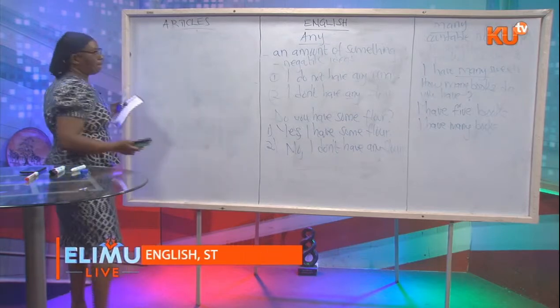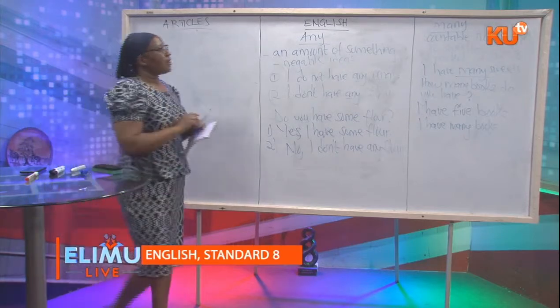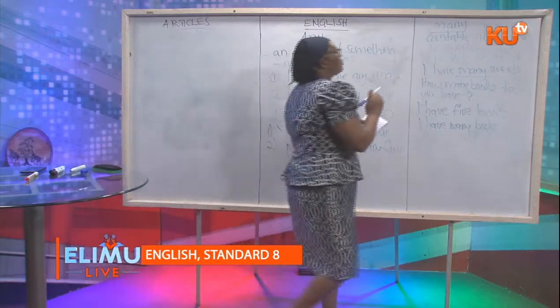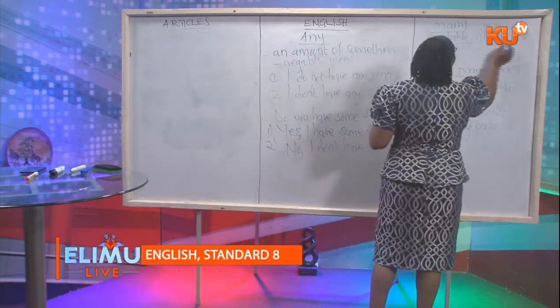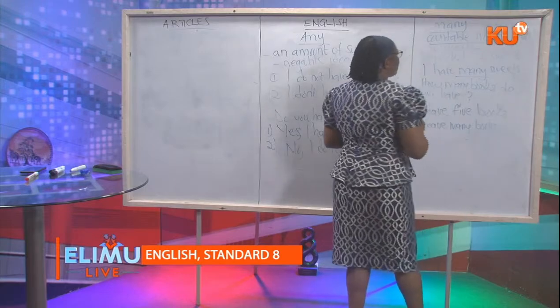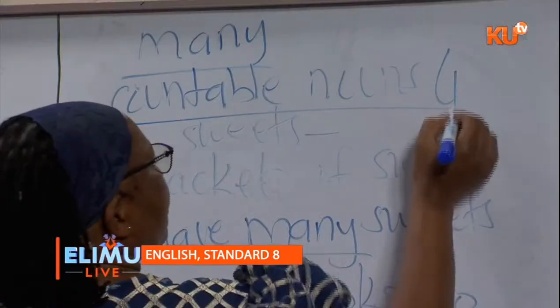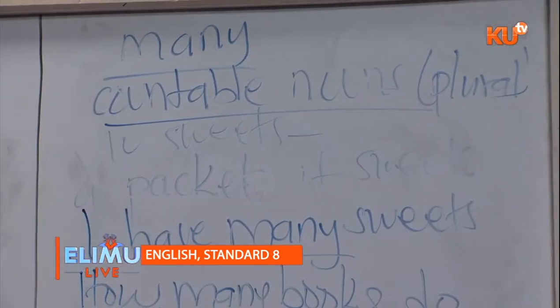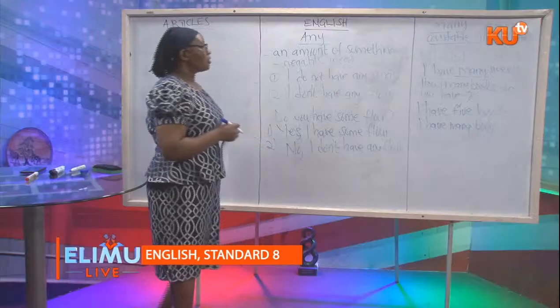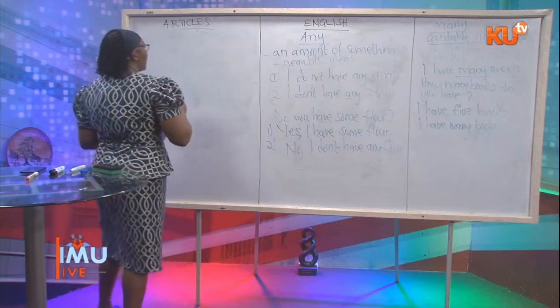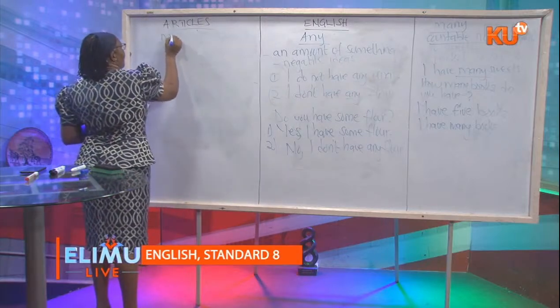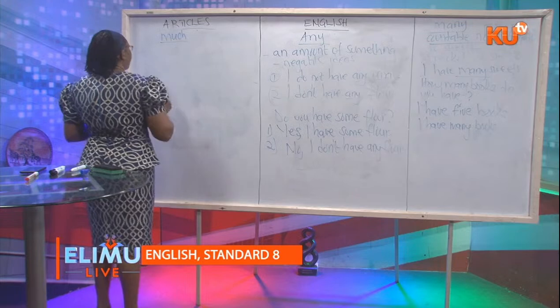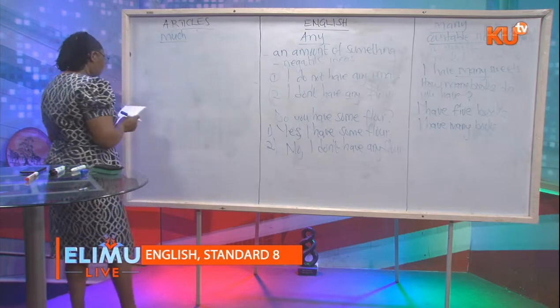Now we have said that the word many is used with countable nouns, and the countable nouns are in plural. So the word many is used with plural countable nouns. Then we move on to the word much, or determiner much.